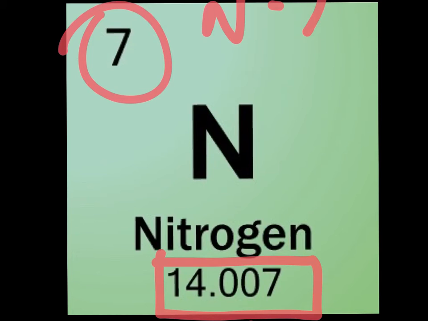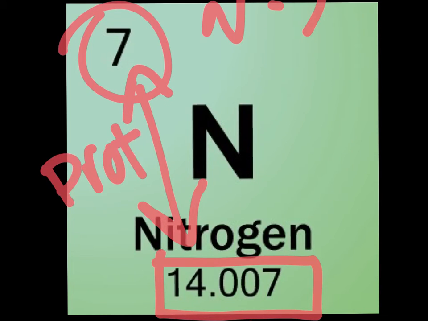And I'm going to subtract, because the one on the bottom represents protons and electrons, while the one at the top tells me protons and neutrons. When I take 7 from 14, I still have 7.